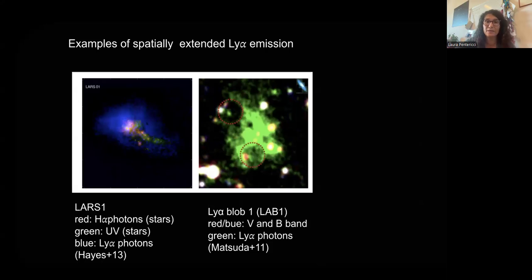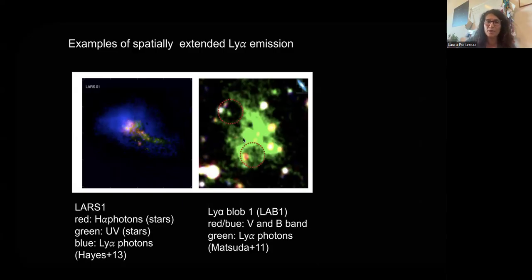Here are some examples of the other thing we were saying, the fact that Lyman alpha is often very spatially extended. These are Lyman alpha emitters, again at low redshift and at intermediate redshift. These images show the extent of Lyman alpha compared to the UV photons, say at 1,500 angstrom rest-frame emission.